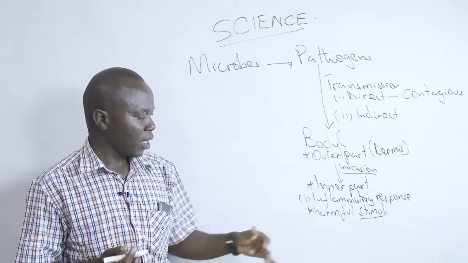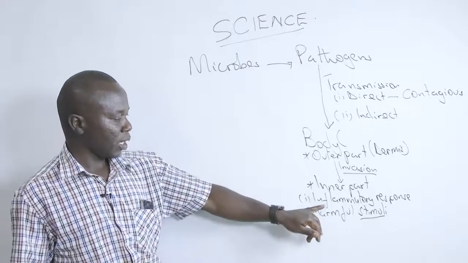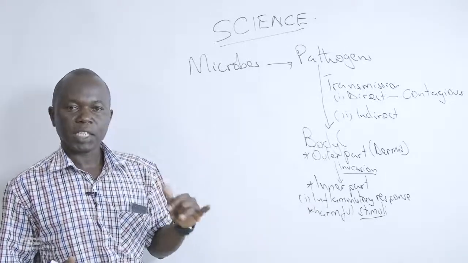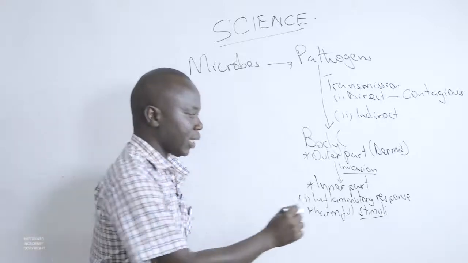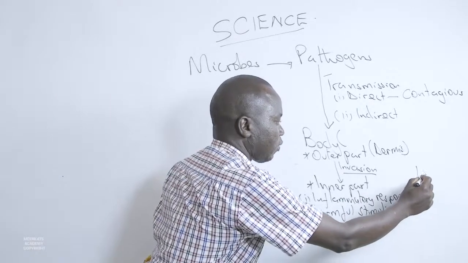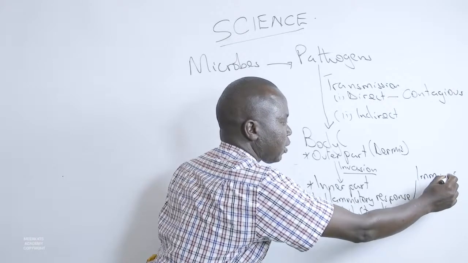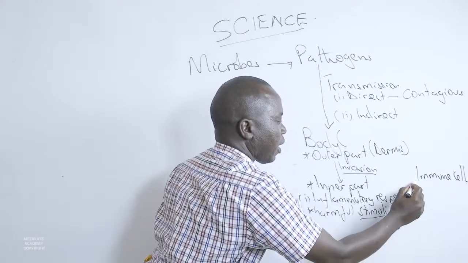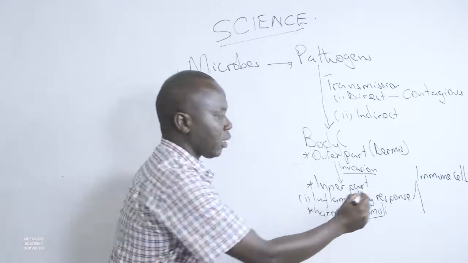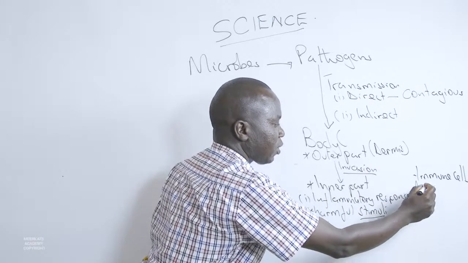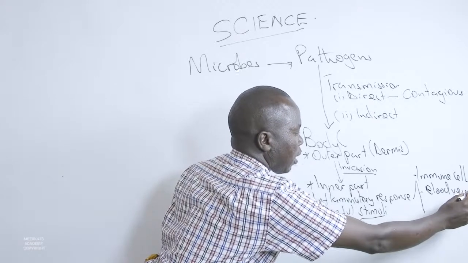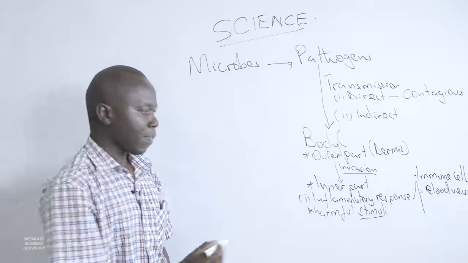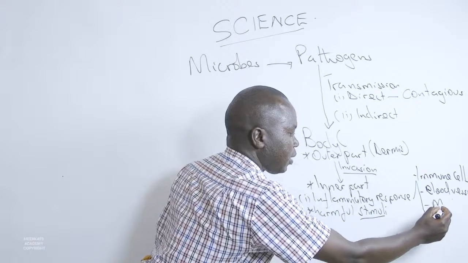So to remove that source of injury, we shall have the first response, inflammatory response, and it usually involves immune cells, with other parts like blood vessels, and without forgetting that we mentioned mediators.